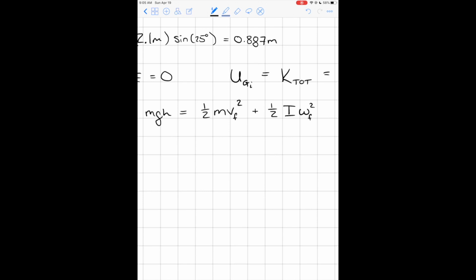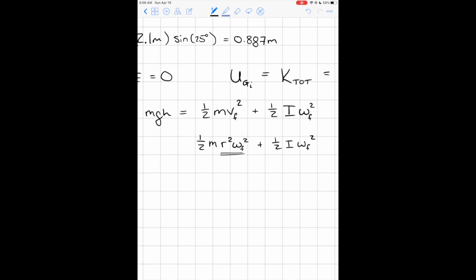I want to know the final angular speed, so I don't want to work in v, I really want to focus on this omega_f. So let's turn our v_f into omega_f by saying 1/2 m r squared times omega_f squared, plus 1/2 I omega_f squared.